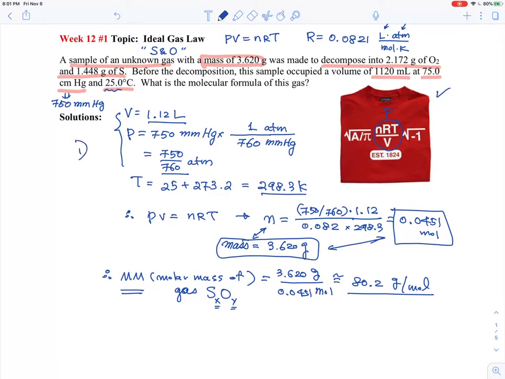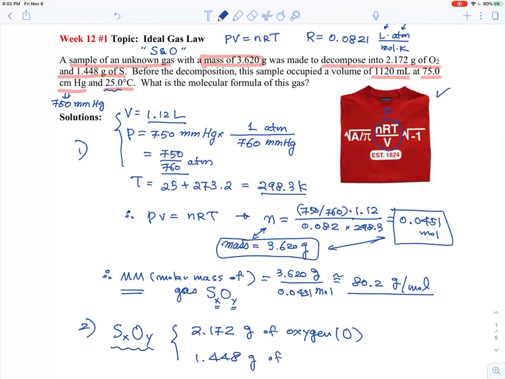The other information that I have is that the gas, S and O, has a mass of 2.172 grams of oxygen, whether it's O2 or oxygen, we can count the number of atomic oxygen, that's what's important here, and 1.448 grams of sulfur.